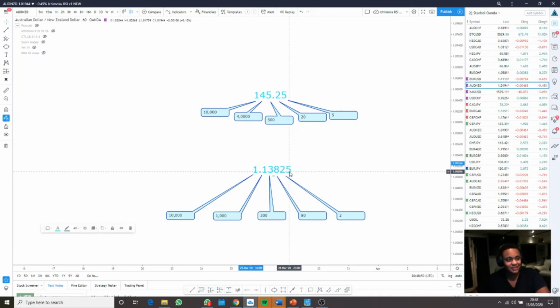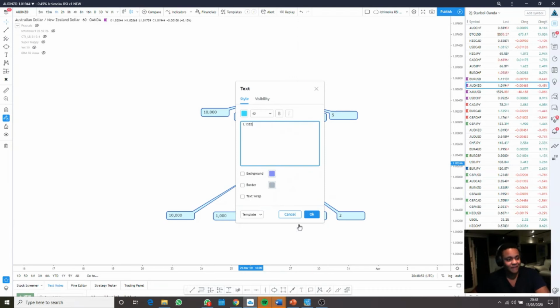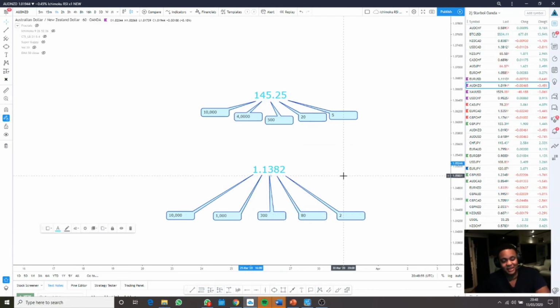Ignore it. Literally, click it, delete it, forget it was ever there, because you never need to use that last number. It's called a pipette, but we don't use pipettes. They're so small, they're negligible. So get rid of it. We only care about these four, understanding that this is ones, this is tens, this is hundreds, this is thousands, and this is 10,000s.